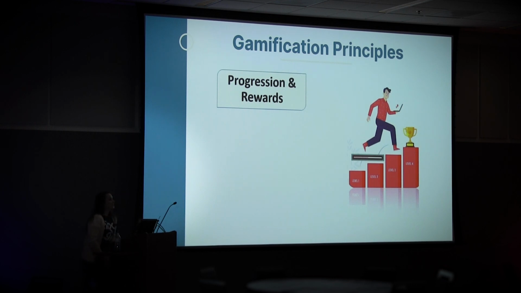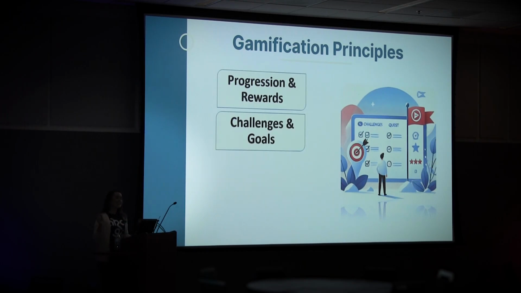First we have progression and reward. Games keep users engaged by showing a sense of progress, like leveling up, earning points, or filling up a progress bar. These elements provide a tangible sense of achievement. The next thing is challenges and goals.